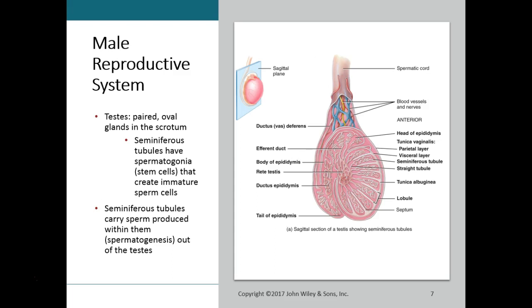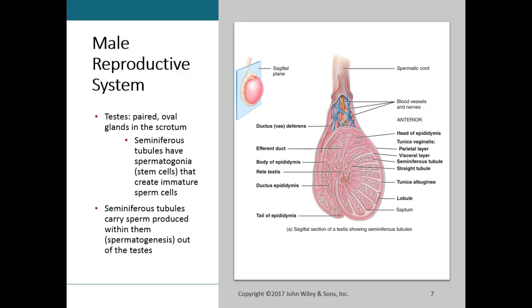The testes, as we mentioned, are housed in the scrotum, and they're oval glands. The testes develop near the kidneys in the posterior part of the abdomen, and they have to descend into the scrotum through the inguinal canals, or passageways, in the lower part of the anterior abdominal wall during the latter half of the 7th month of fetal development.